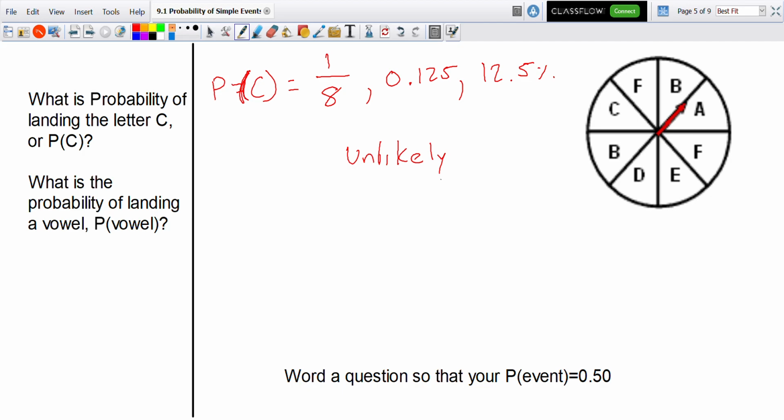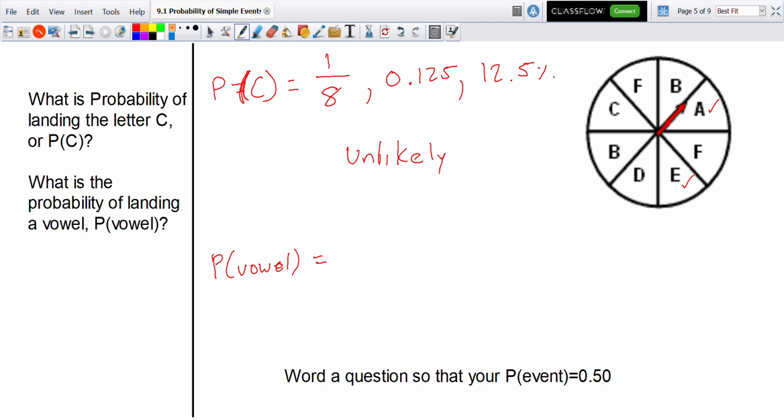What is the probability of landing a vowel? So how many vowels do we have? How many favorable outcomes are there for a vowel? I see the letter A, that's one of them. So this is 1, 2.